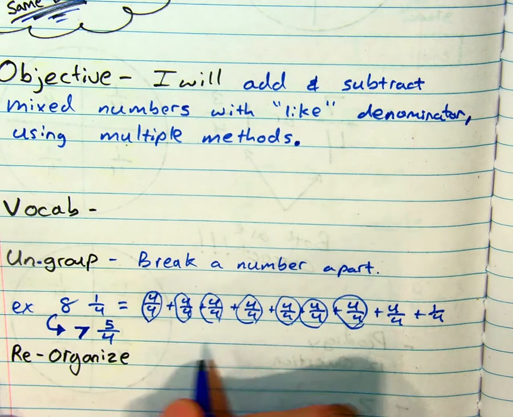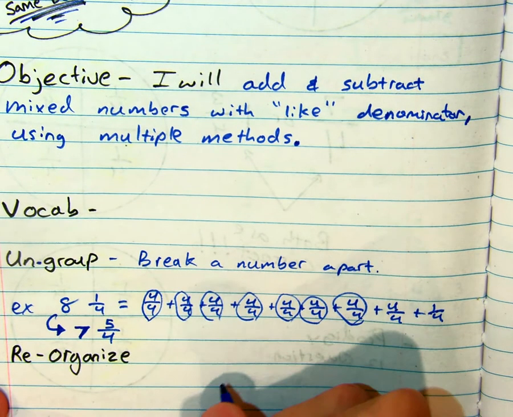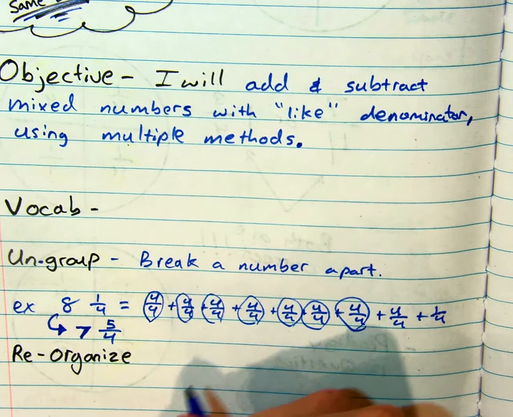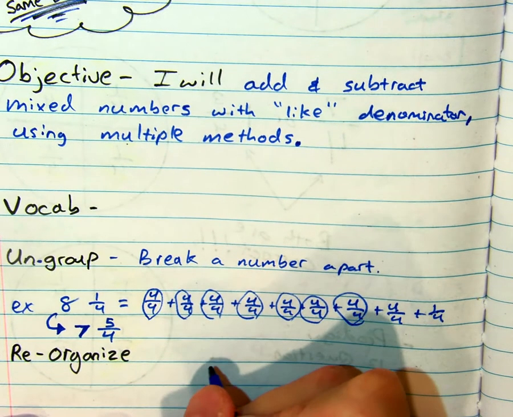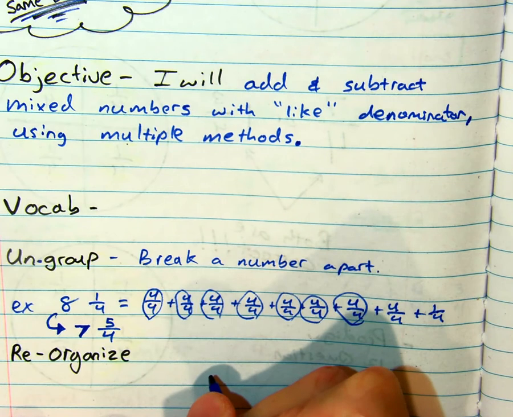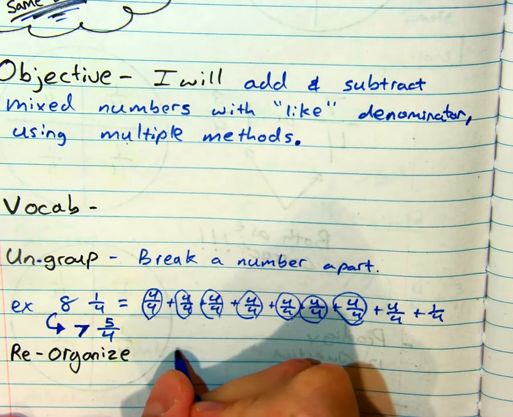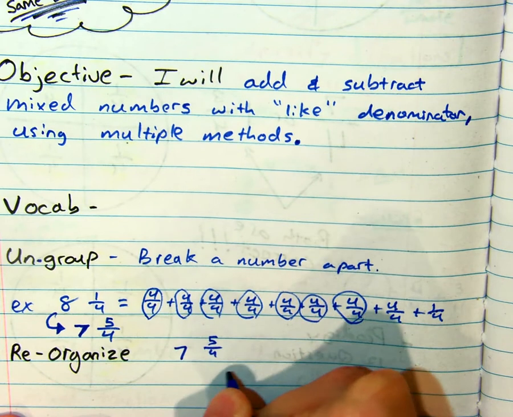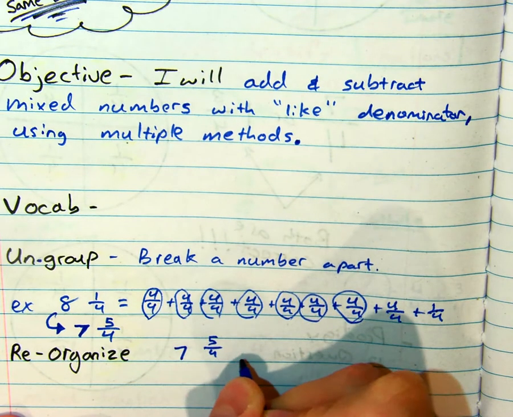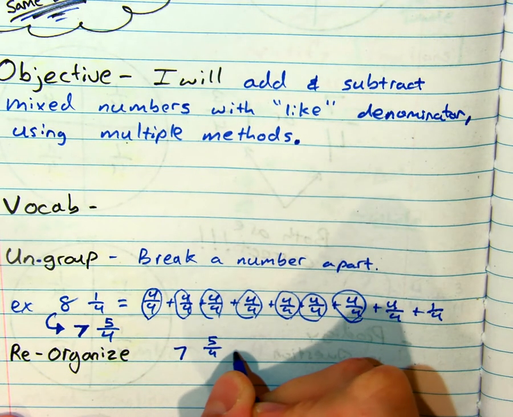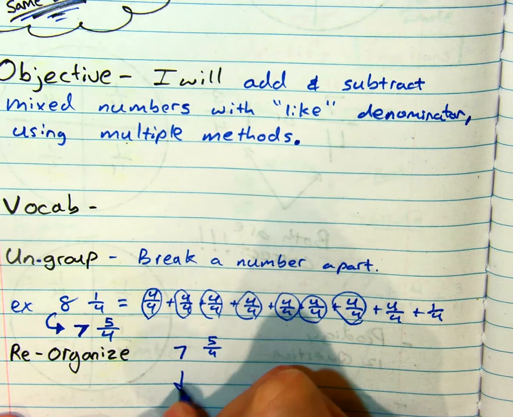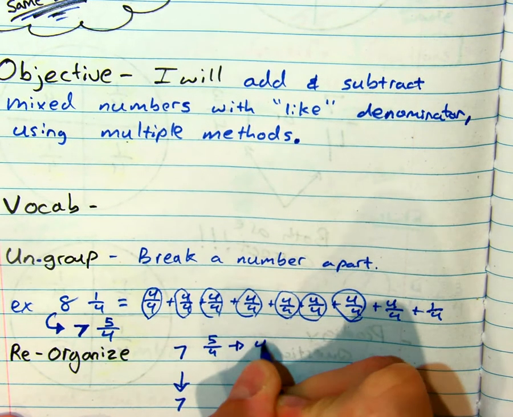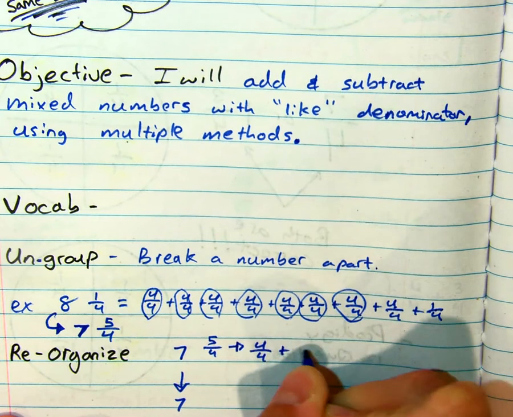Now, another name for this is reorganizing. Sometimes we can reorganize a number. For instance, if we're going to use that same example, if we have 7 5/4, we can reorganize 5/4. I'm going to just bring my 7 down. We can reorganize that 5/4 as 4/4 plus 1/4.